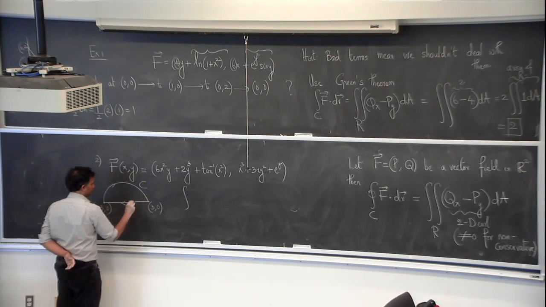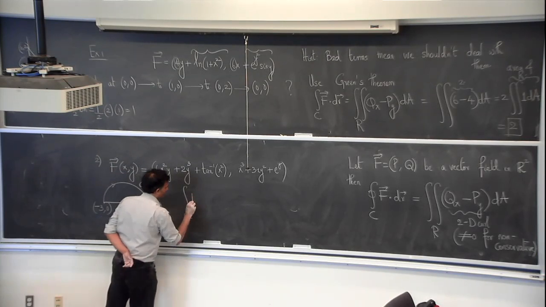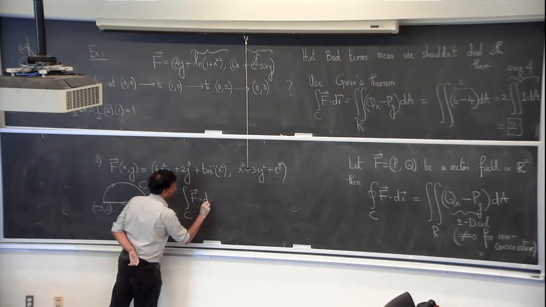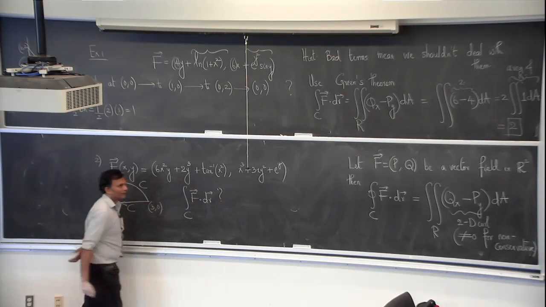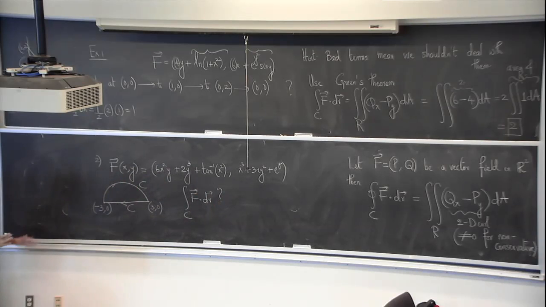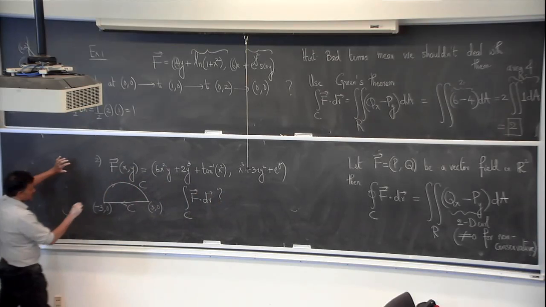The integral of F dot dr. Can you look at this vector field and try to set up the Green's theorem equivalent of that on the right hand side for this region? It's a semicircle.